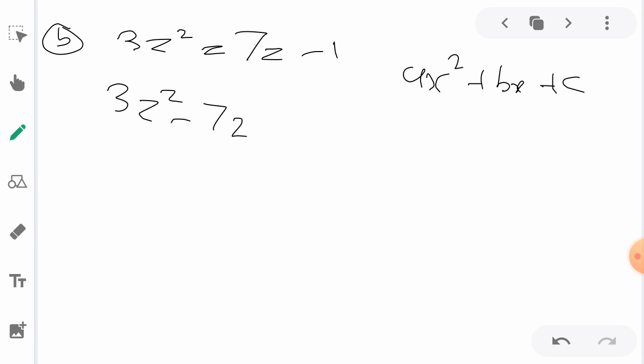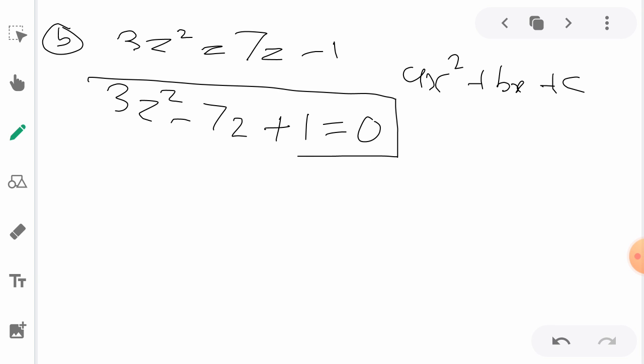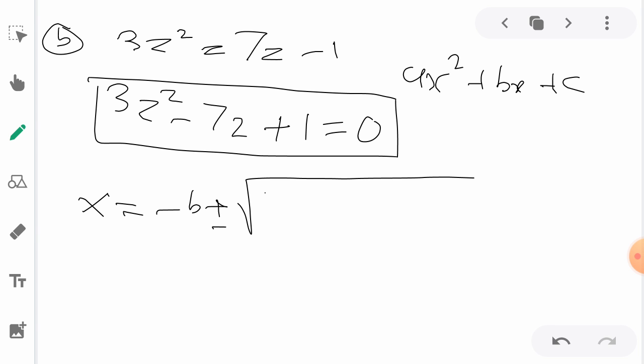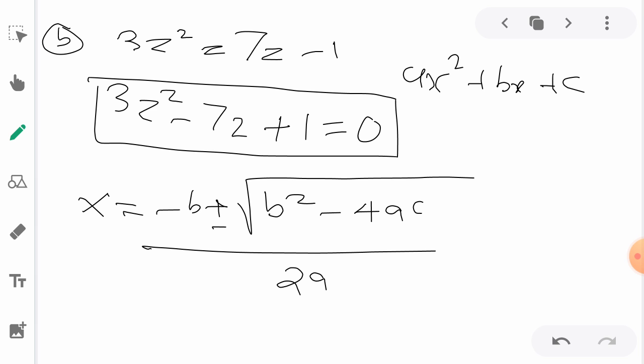Negative 1 should also cross the other side to become positive 1, and we have is equal to 0. This is how we must first write our equation. Then we can proceed using the formula: negative b plus or minus square root of b squared minus 4ac, over 2a, and there we can replace the information that we have.